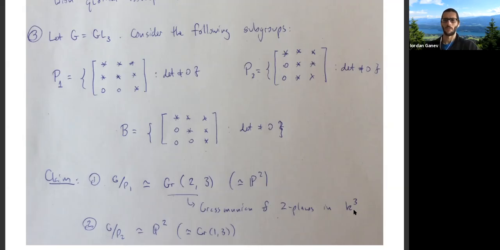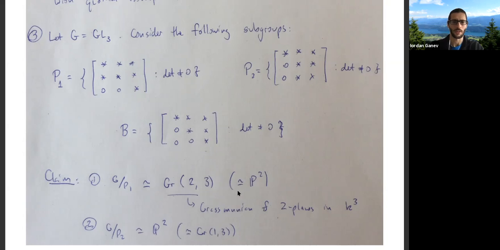This representation takes two planes to two planes, so we get an action of G on this Grassmannian, and the stabilizer of the somewhat canonical two plane, the span of the first two basis vectors, is going to be P1.